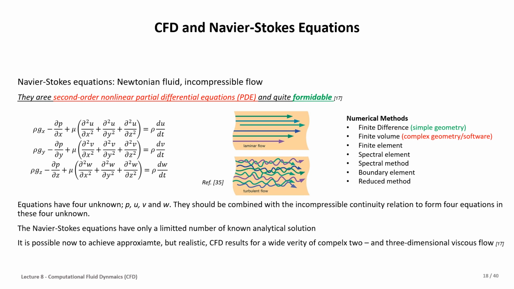Here in the center of this slide you can see two different regimes, laminar flow and turbulent flow. For laminar flow, the streamlines are very uniform, and we can follow the flow, so solving laminar flow is much easier and possible.